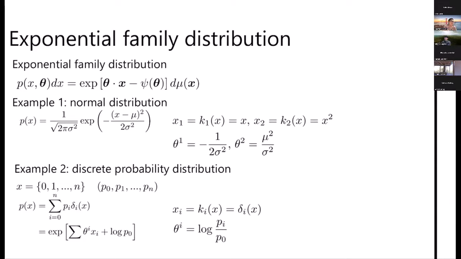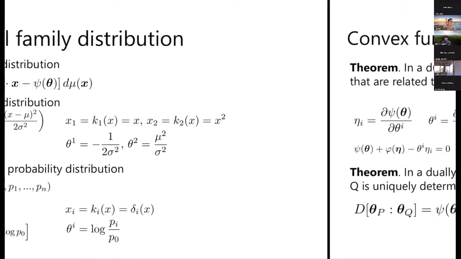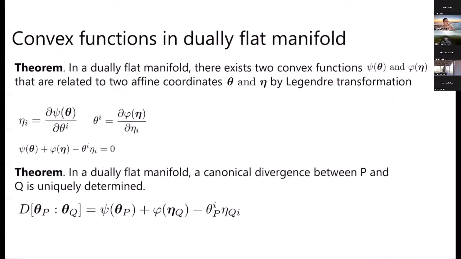Then let's look at how the dually flat structure is expressed in the exponential family distribution. To go forward, I'll explain some useful theorems to effectively express exponential family distributions.